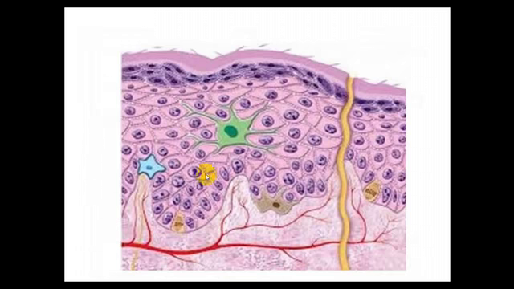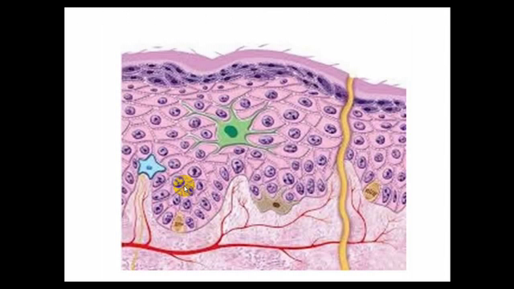Now we come to the other 3 types of cells, like the Langerhans cells. The Langerhans cells are antigen presenting cells.